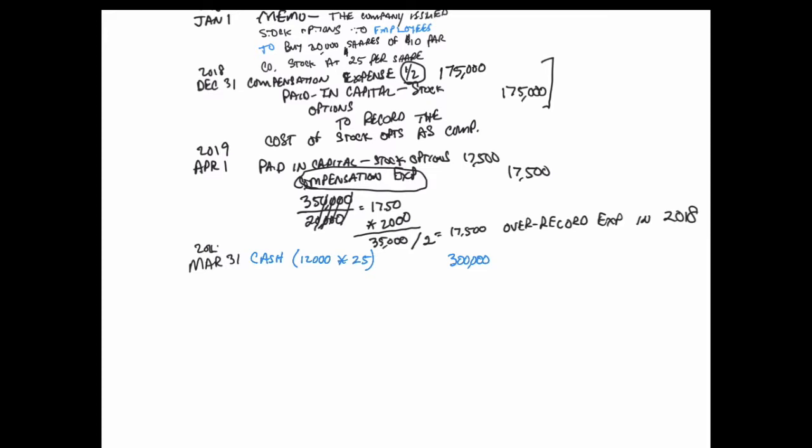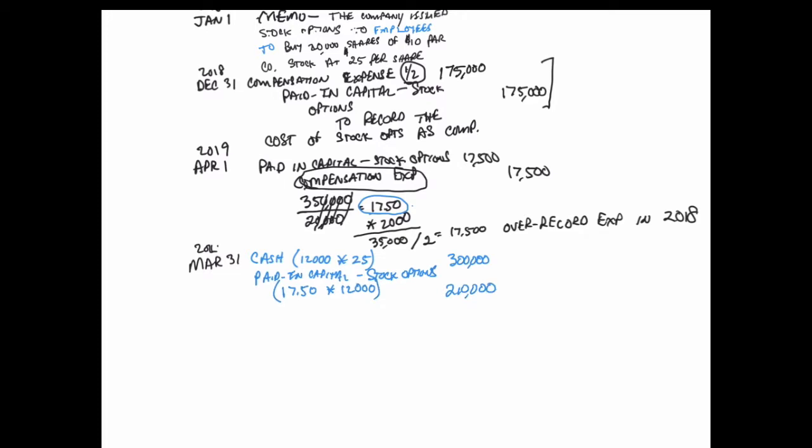Remember, the paid-in capital is recorded at $17.50 per share, and we do that for 12,000 shares. So paid-in capital for stock options is now reduced because it's no longer stock options, it's actually stock. It's reduced by $17.50 per share times 12,000, which comes to 210,000.